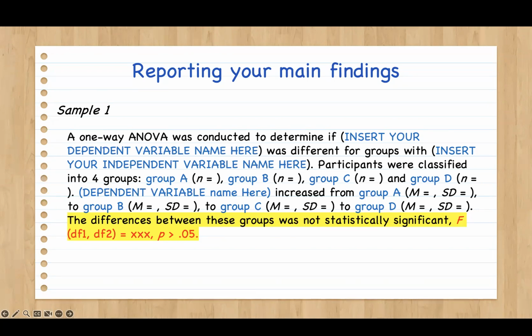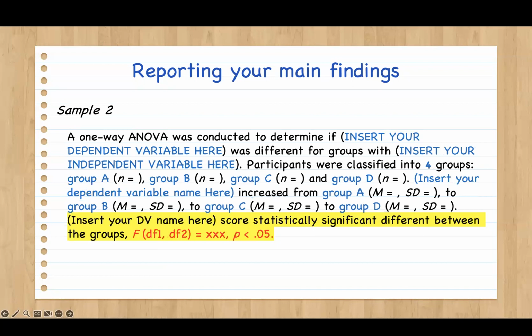And the dependent variable number will increase or decrease from group A to B to C or to D. And then you already see sentences like this. So this is how we report the differences between groups, whether it was statistically significant.